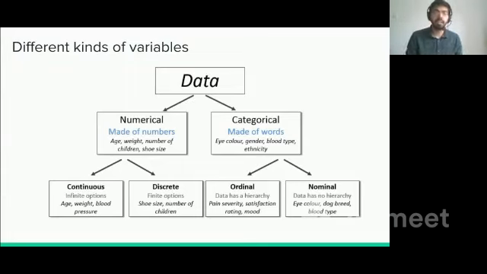If you see, numerical data is of continuous type or of discrete type. So what is continuous type data? It's a real valued number. You have age, weight, blood pressure, all of these numbers are continuous in that they can vary continuously from 1 to, in theory, infinity, but it's all numbers on a real number line. Discrete are those numbers that would probably be integers, right?